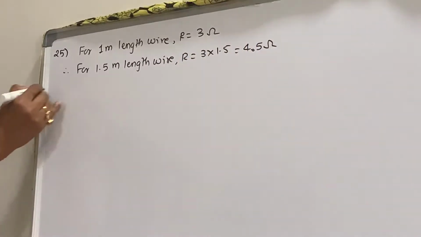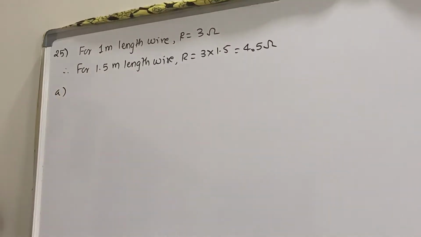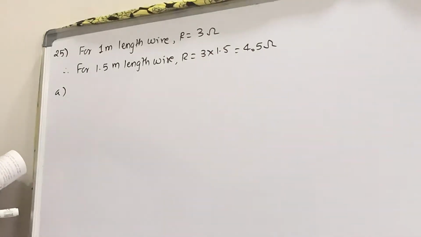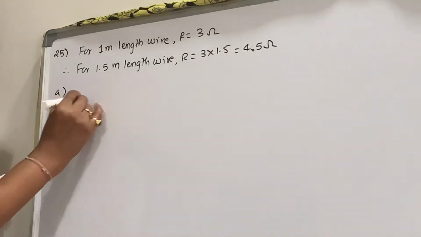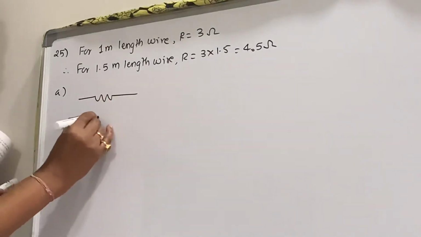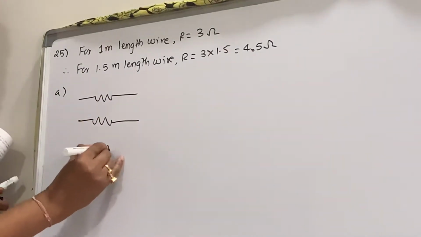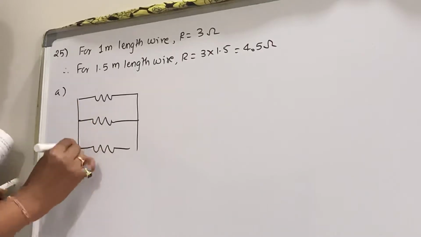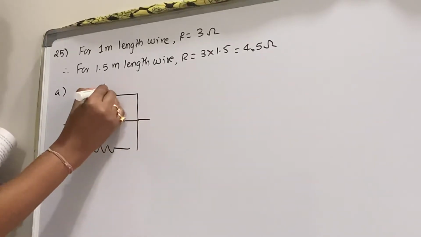Now in A part, what is given? The total resistance of 3 lengths of this wire, each of 1.5 meter, joined in parallel. Now these 3 wires are connected in parallel, and each is of 4.5 ohm.